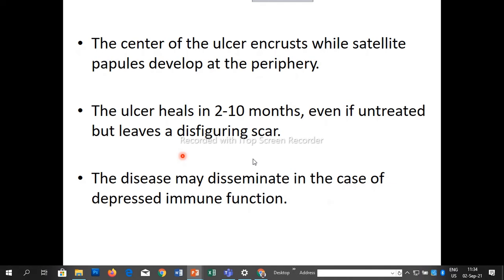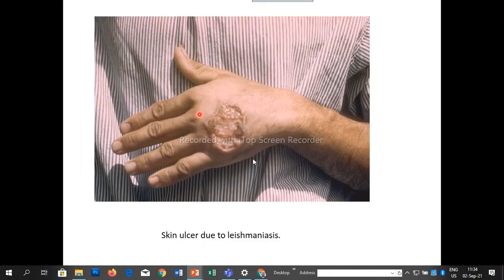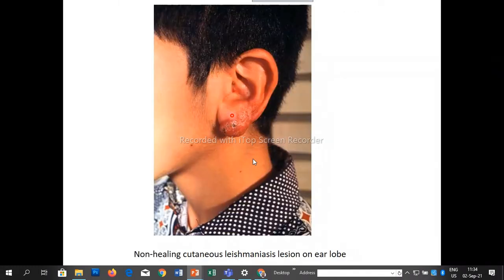The disease may disseminate in the case of depressed immune function or immunosuppression. This is the skin ulcer due to Leishmania tropica. This is a non-healing cutaneous leishmaniasis lesion on the earlobe.